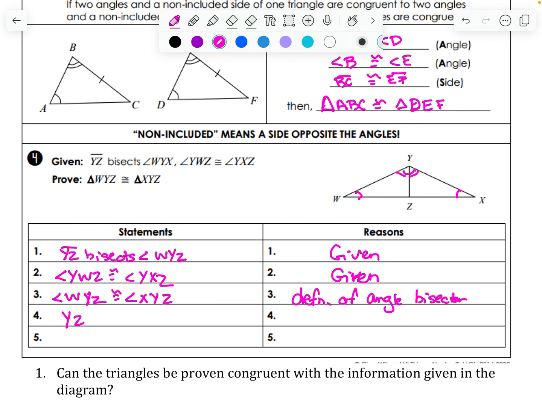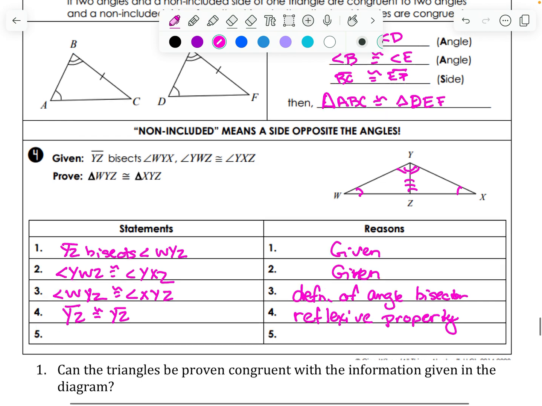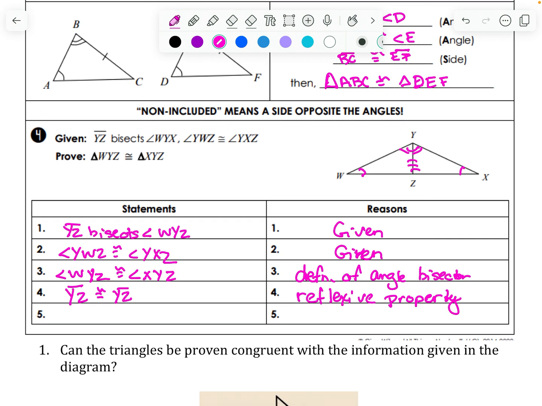Then we can say YZ is congruent to YZ, that's a shared side. We can say that because of the reflexive property. Okay, and now if you notice, we can say that these two triangles are congruent because of angle, angle, side.